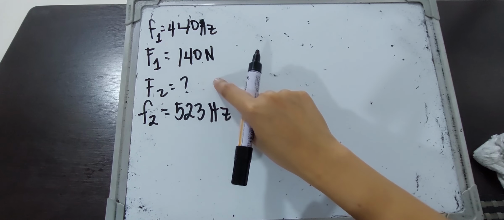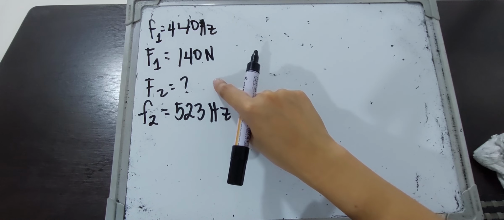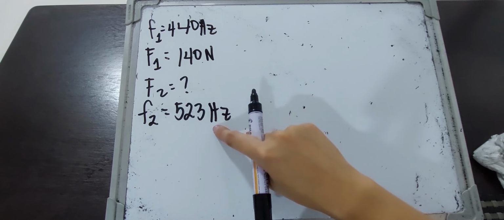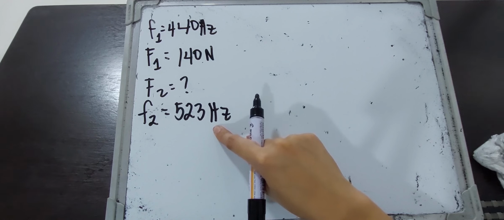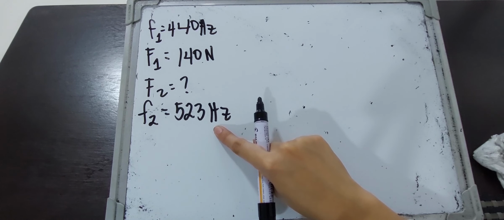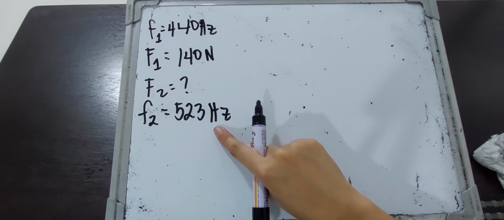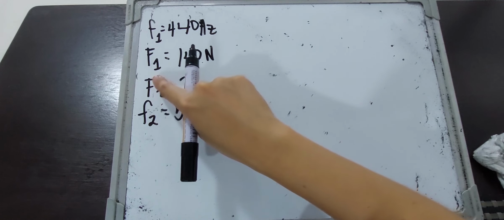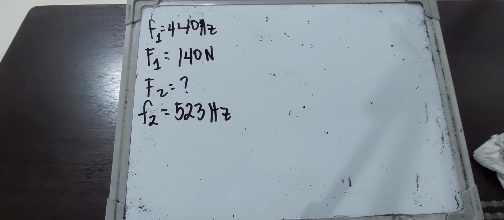What tension would be required to produce a high C that has a frequency of 523 Hz?